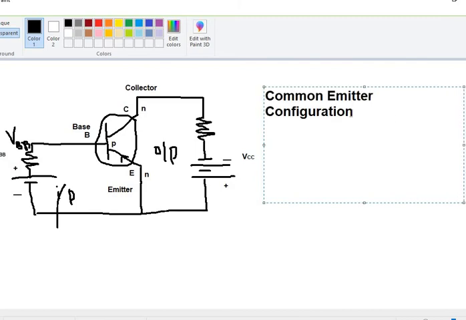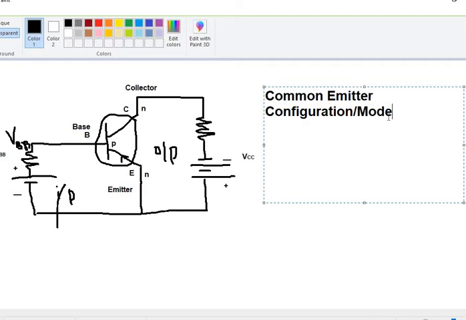It is a common emitter configuration, or somewhere in literature you will find it as a mode. The emitter terminal is common in this circuit, therefore it is known as the common emitter configuration mode.